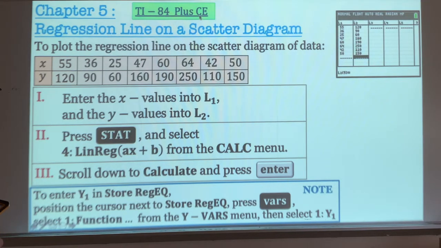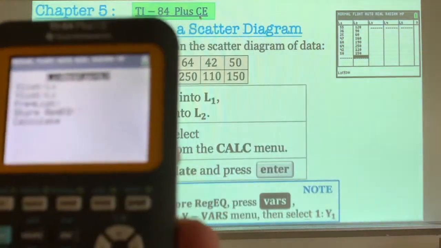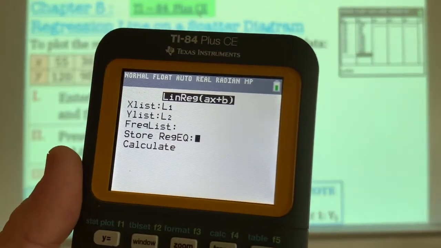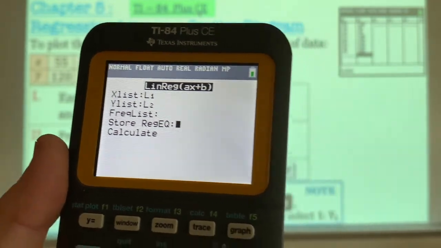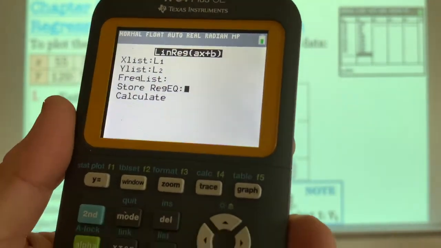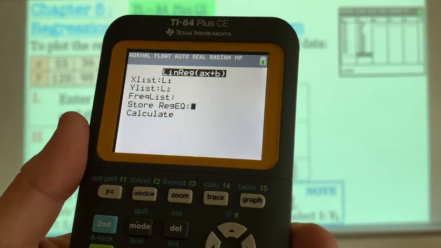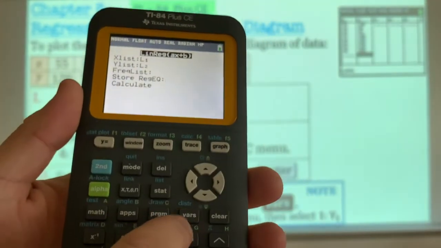So what I can do is go back to stat, edit, calc, and go to store reg equation. Say I want to store this part. I'm going to go next to here, and then hit the vars button, right down here.